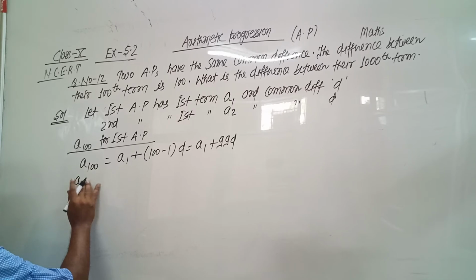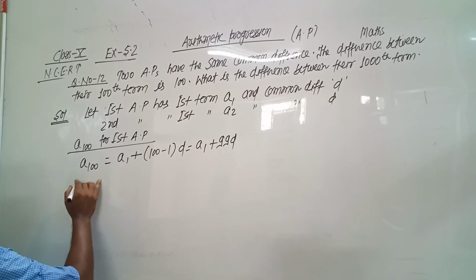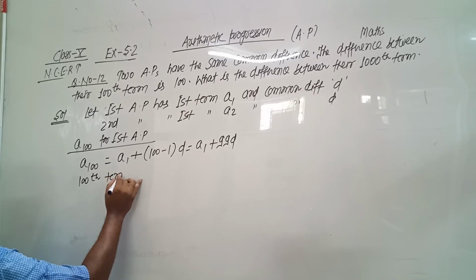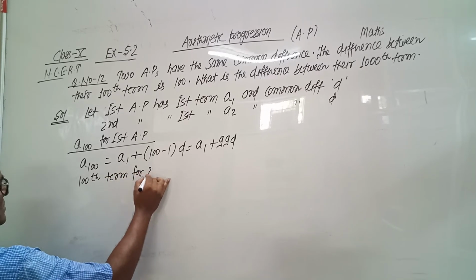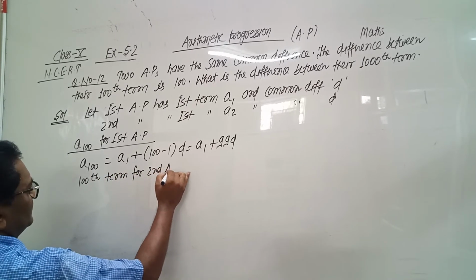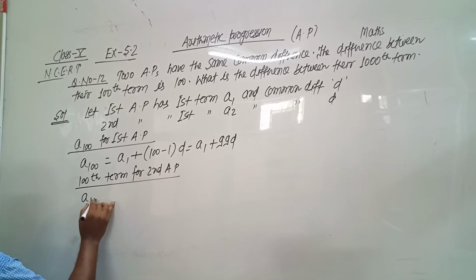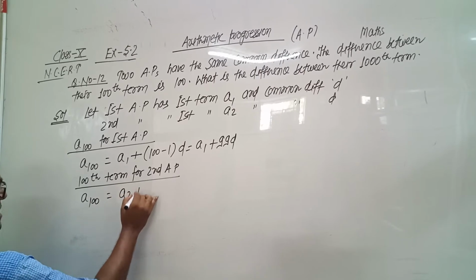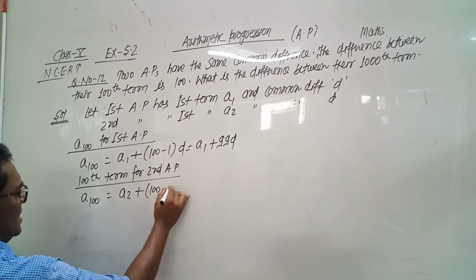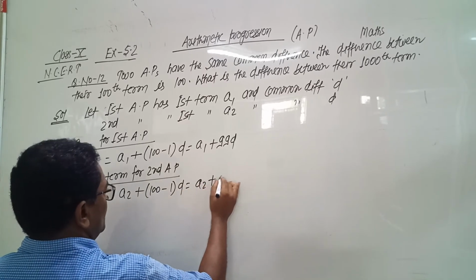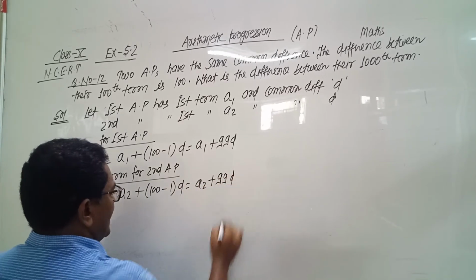And the 100th term for the second AP: A100 equals A2 plus 100 minus 1 into D, which is A2 plus 99D.